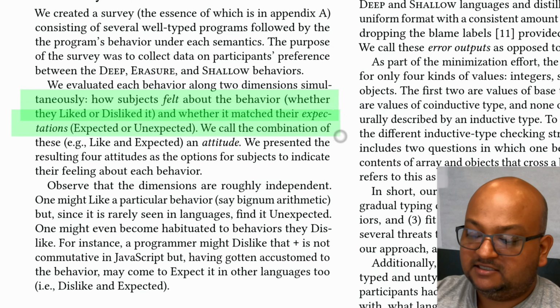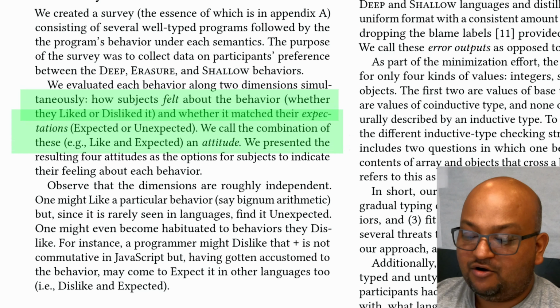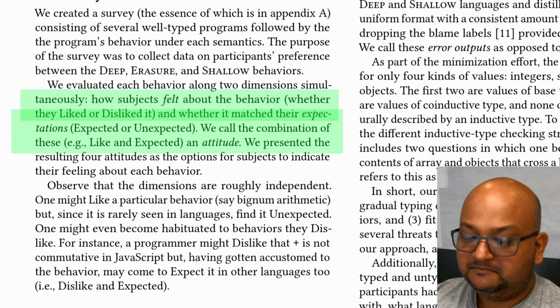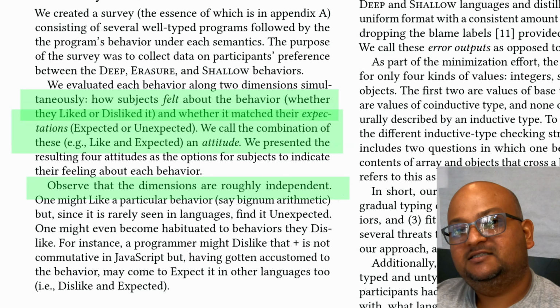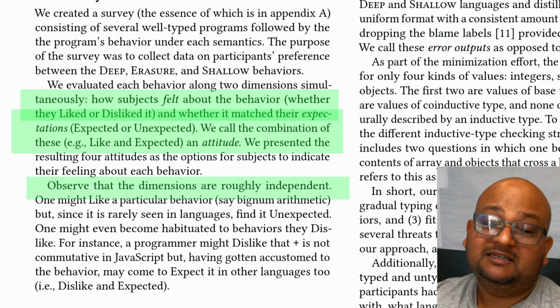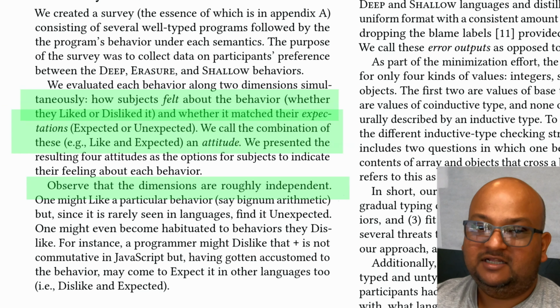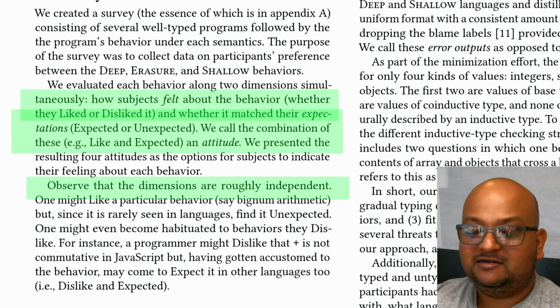And the other question is whether you think the behavior is expected or not. Together, this combination of feeling and expectation is what they call an attitude. Now, they claim that these two dimensions are roughly independent, in that you might find some sort of behavior unexpected but still like it because you're used to it. I personally went through the survey and almost always found that these two dimensions for me were the same, in that I liked behavior that was expected.